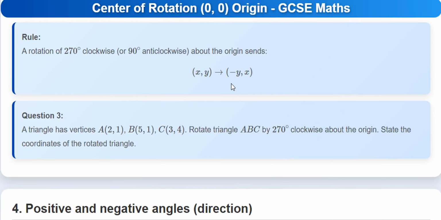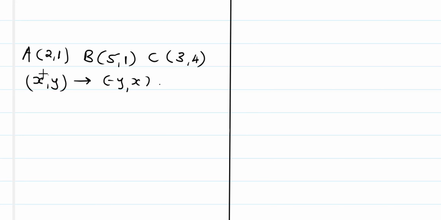So now with that knowledge, we can write the new coordinates of the rotated triangle, and then we try to plot them. So can we apply this rule to get the new coordinates of A? We can first interchange here. So this is x, this is y, this is x, this is y, this is x, this is y.